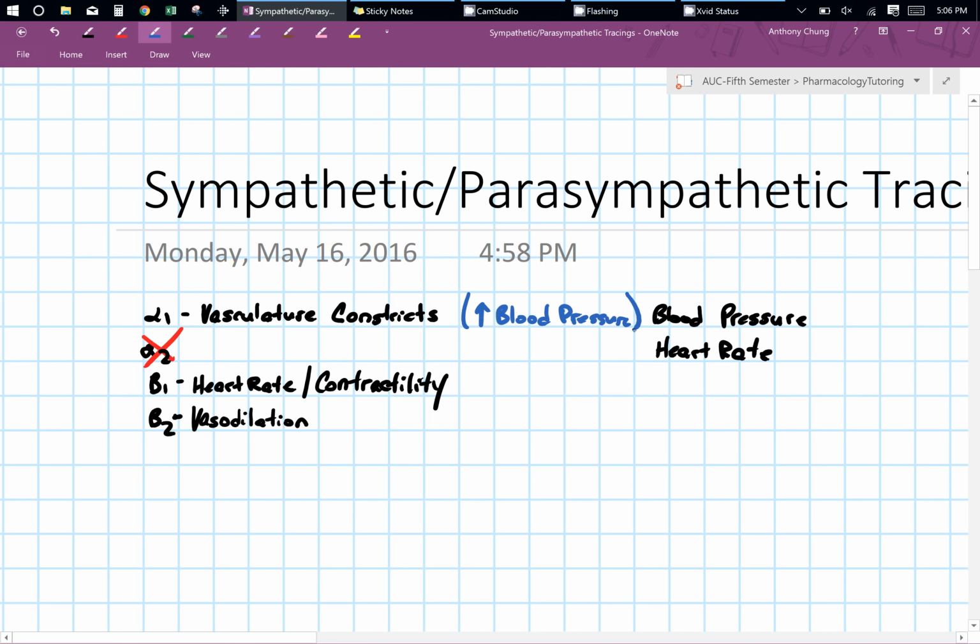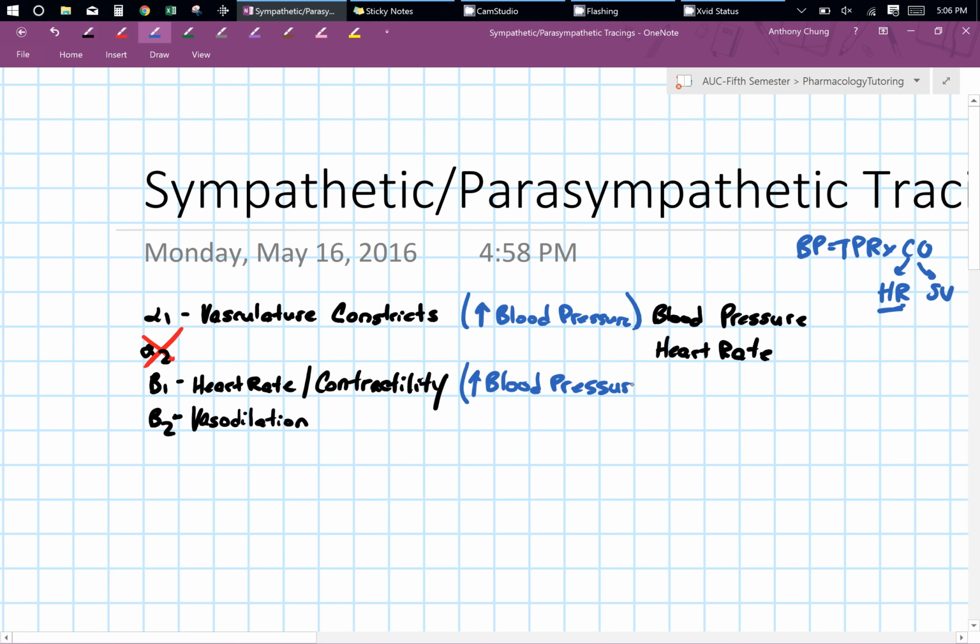The reason why is because blood pressure is a function of, let me just give you this equation really quick, it's just review. Blood pressure equals total peripheral resistance times cardiac output. What is cardiac output? What are the parts? Heart rate and stroke volume. Beta 1 increases heart rate, which definitely will increase blood pressure. So beta 1 will also increase blood pressure.